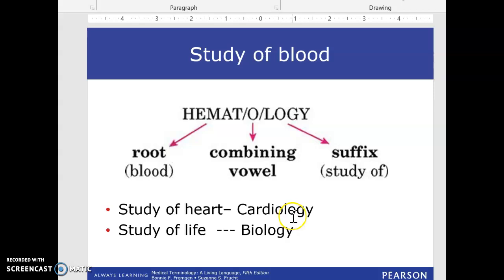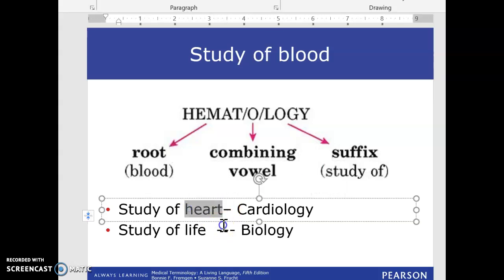So we can change the root word with any other word. For example, if we put the heart, right, that means cardiology. We can make it cardiology. If we put the study of life, life being the biology. You can put anything in front of it as the root word and make it the study of that particular root word that you're talking about.